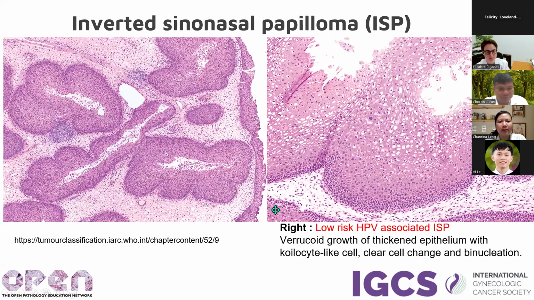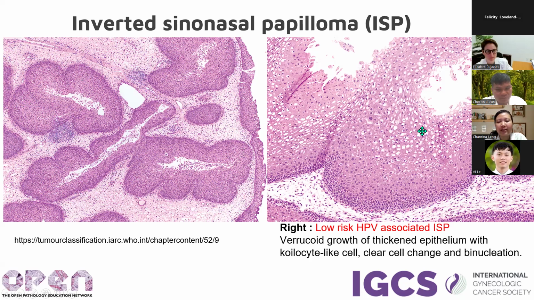This might be the surface of the papilloma, which should be respiratory type. But here we see hyperplastic squamous epithelium that grows downwards into the stroma, but there is no invasion of the basement membrane, and some nests have a lobulated pattern.